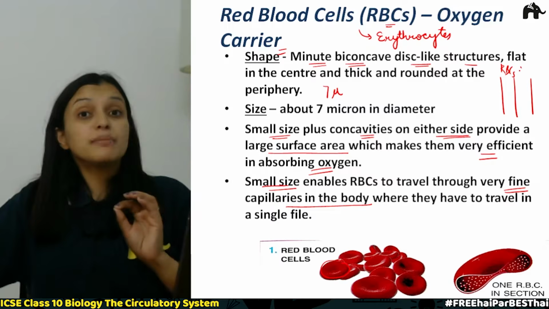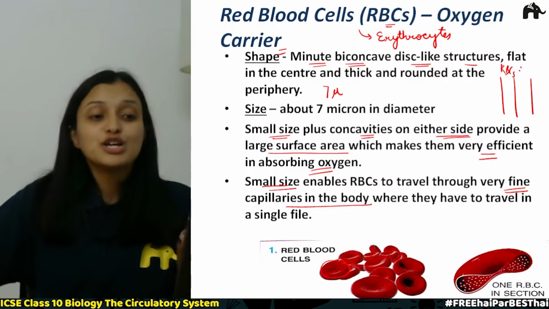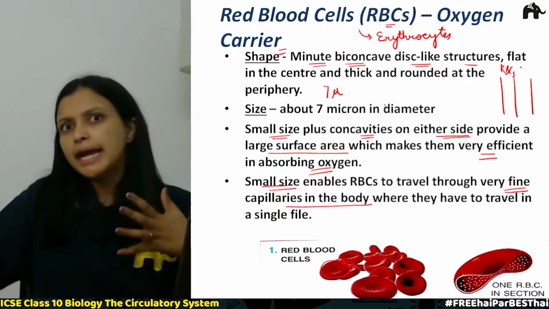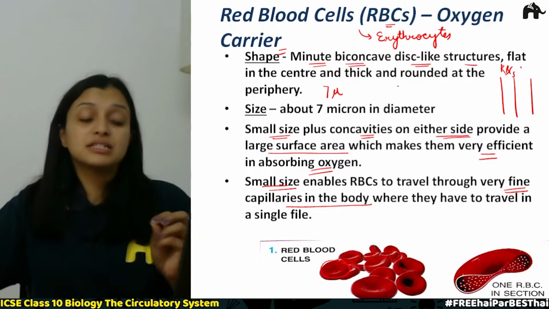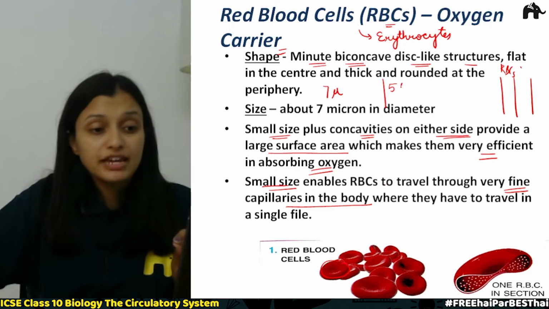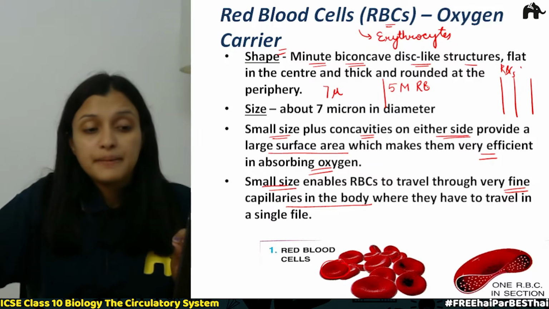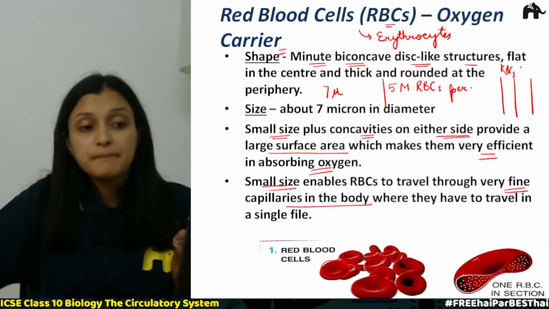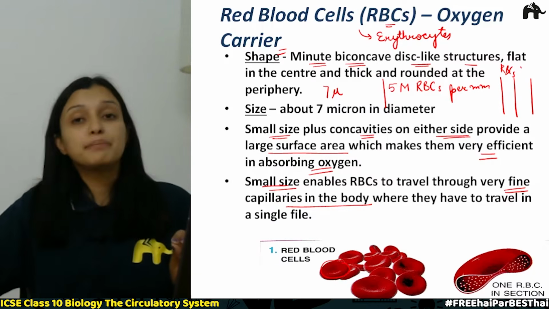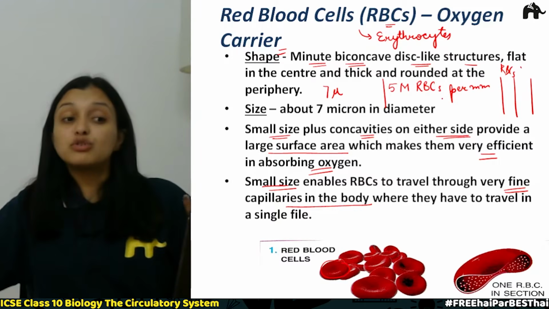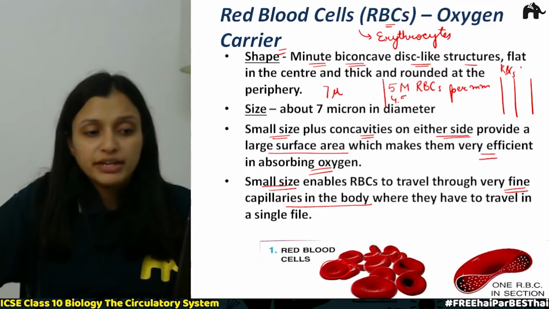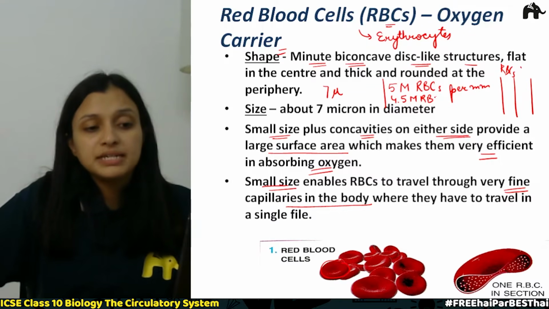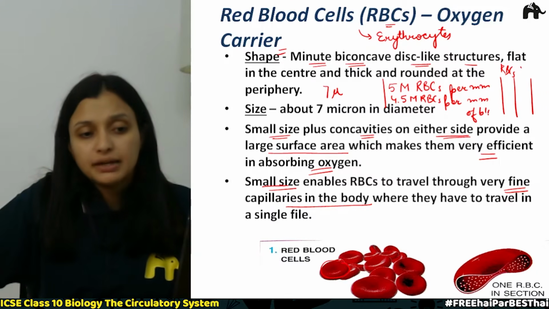So let us talk about what that count is. For a normal adult male, the number of RBCs is 5 million per millimeter of blood. For an adult human female, it is 4.5 million RBCs per millimeter of blood, right?